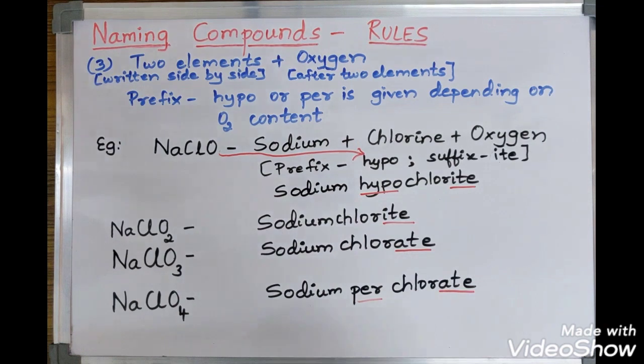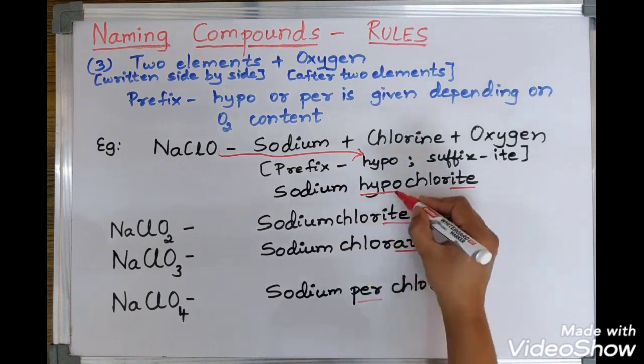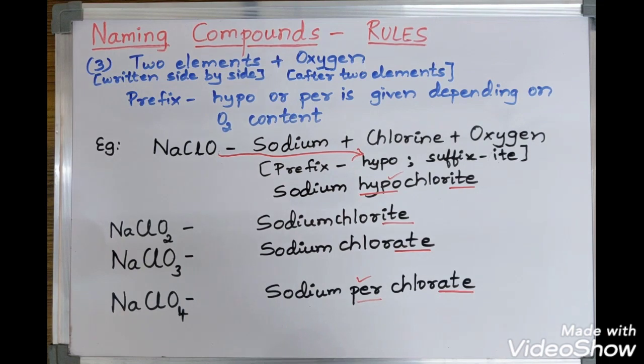So I repeat again, when there was 1 atom of oxygen, we use the prefix hypo. When there were 4 atoms of oxygen, we use the prefix per. But for 2 and 3, we just had the suffix: sodium chlorite for 2 atoms of oxygen, for 3 atoms, sodium chlorate. This is the third rule.